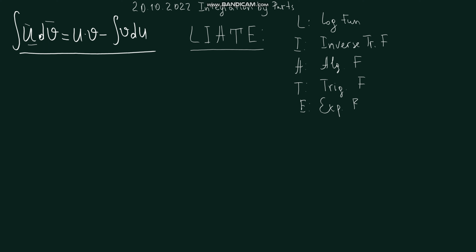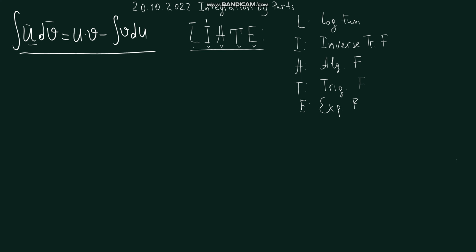If we have a logarithmic and also an inverse trigonometric function, for u we use logarithmic because L comes before I. That's why we use first L, then I, then A, then T, then E. A very interesting method. Let us solve some examples using this method.